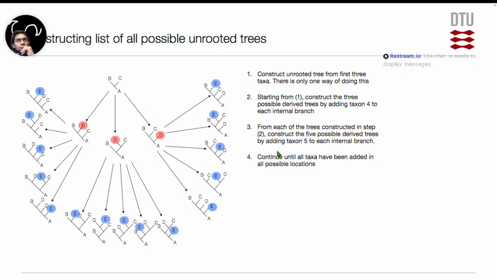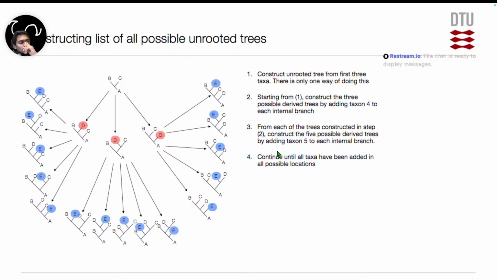From each of these, we can now add the 5th species, and it's the same principle again. On this particular tree with 4 species, we can now add species E in 5 different places because there are 5 branches on this tree. So we could add it on the A branch, on the B branch, on the C branch, or on the D branch, or in the central branch, giving us a total of 5 possible derived trees. We could, of course, do the same for the 2 other starting trees.